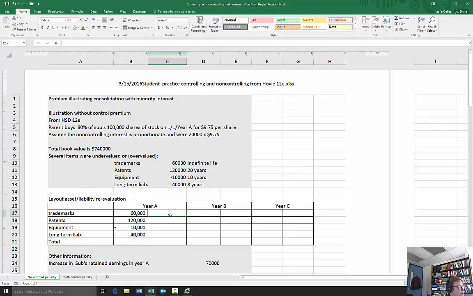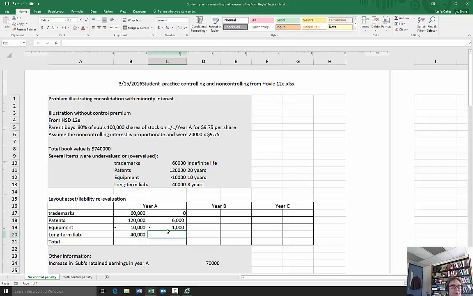Now, what is the implication per year? So these are balances. These are the changes during the year that's going to go on the income statement. So the trademarks are indefinite, so there's no amortization. The patents are going to be 6,000 per year because it's 120,000 divided by 20. The equipment implication, 10,000 divided by 10.